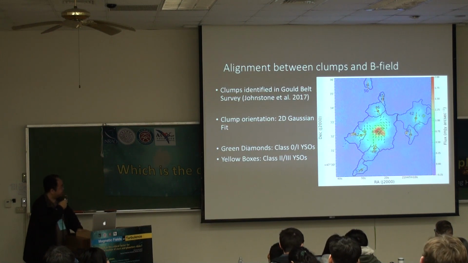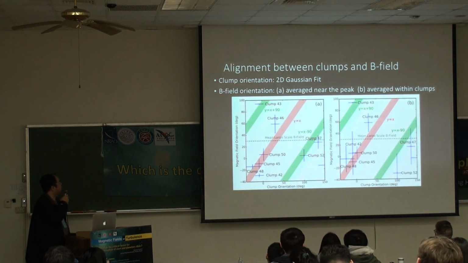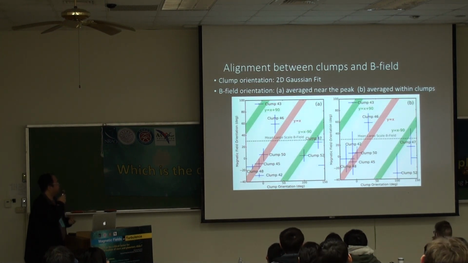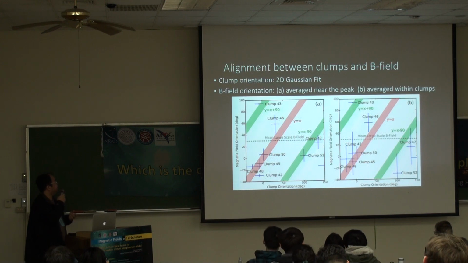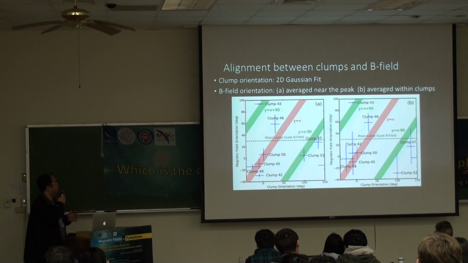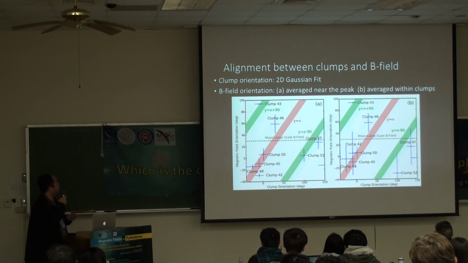To emphasize these correlations, here we plot the orientation of clumps and also the average local magnetic fields. Here we find the magnetic field averaged near the peak and within the clumps, and these two plots show quite similar results: the orientations of clumps are either perpendicular or parallel to the magnetic field.